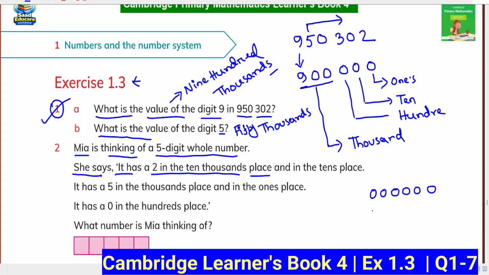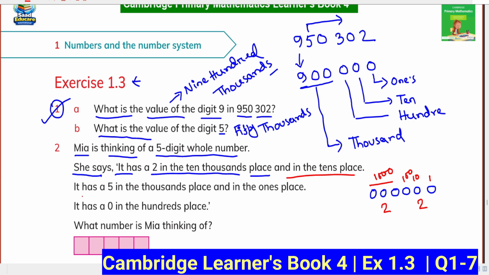So the first clue is a 2 in the 10,000 place, so here is a 2. Then there is a 2 in the tens place also. Look, this is the ones place, this is the tens place, this is the hundreds place, and this is the thousands place. So the tens place is also 2.